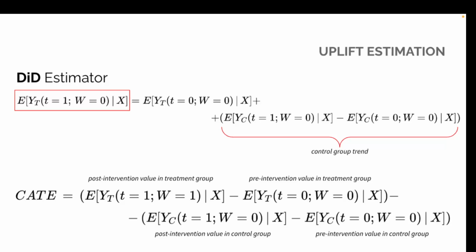And the second term, the last line, is doing that. So why? The second term is the same as the first line, but just for the control group. And we know that the control group is not treated. There was no intervention in there. Therefore, the change that I see in sales for the control group is not due to the intervention, but some other reasons like trend or seasonality, or both of them.